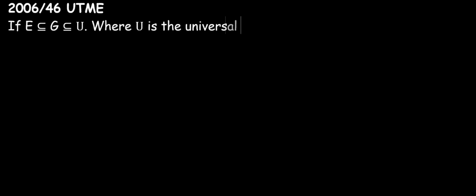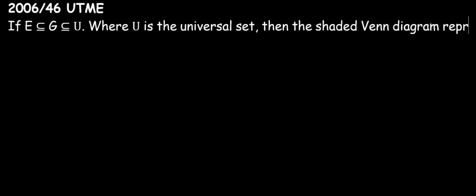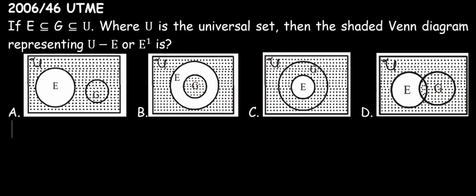Another example. If E is a subset of G and G is a subset of the universal set, where U is the universal set, then the shaded Venn diagram representing U minus E, or E prime, is, the options are given.